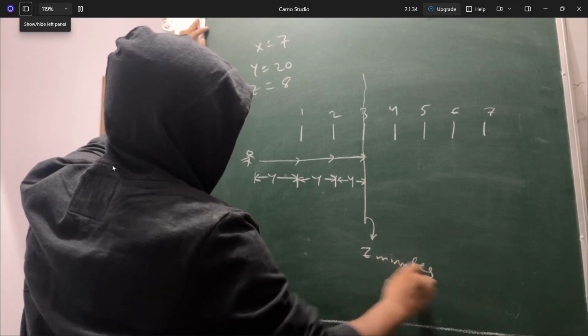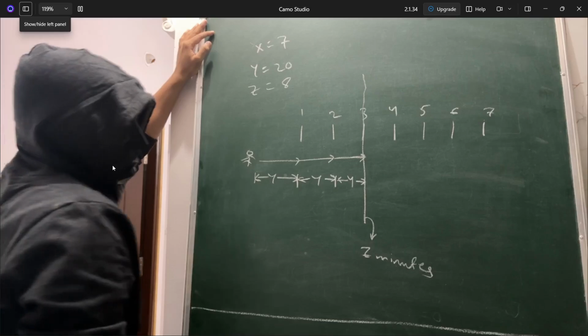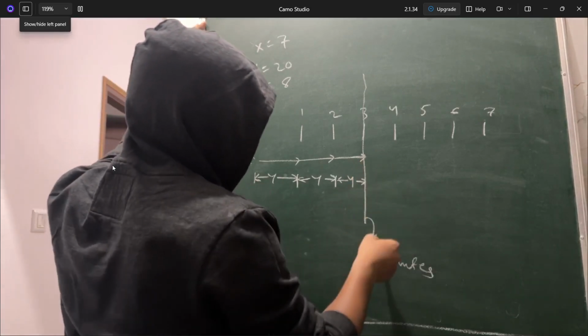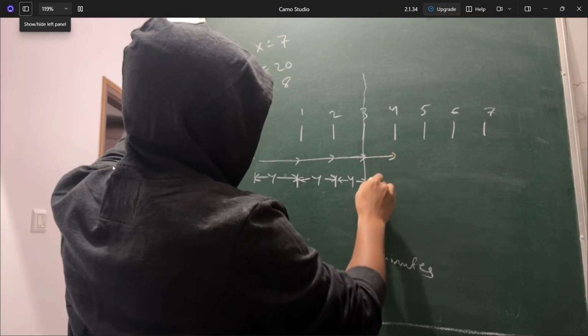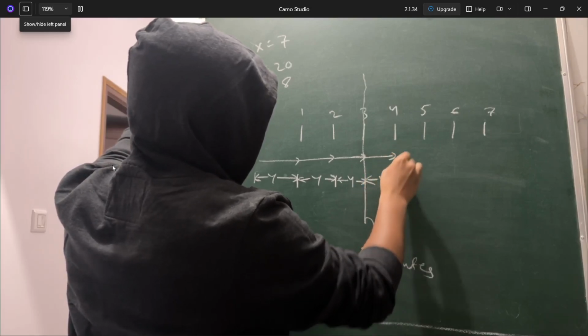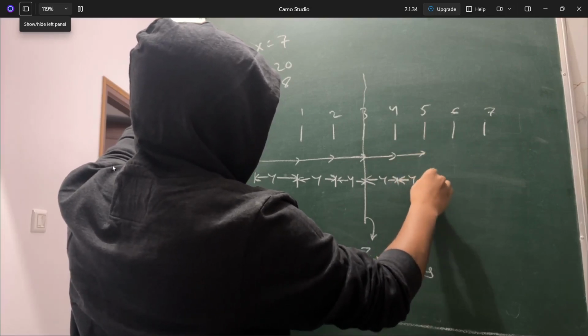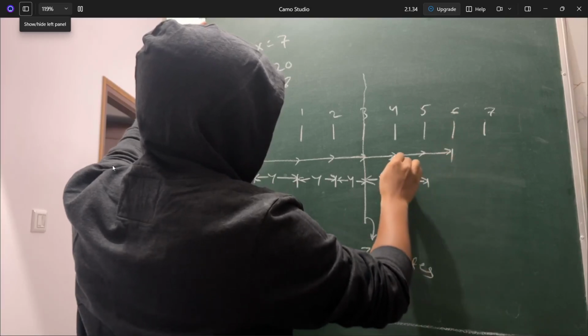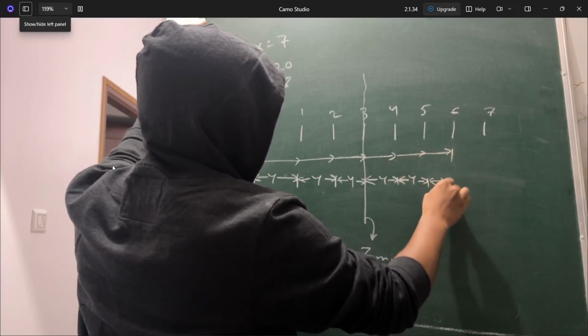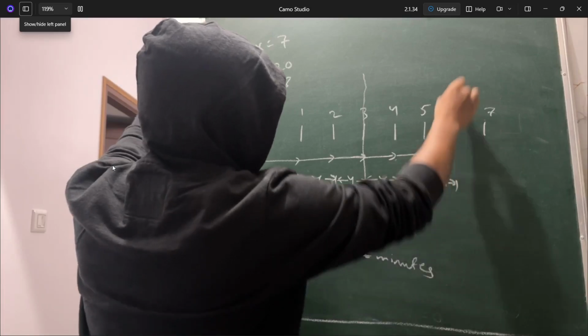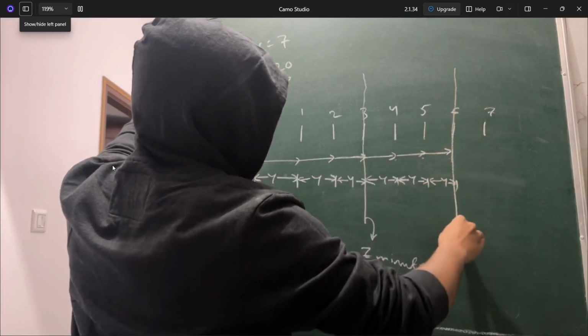After taking the Z minute rest, he moves to another level, which takes Y minutes, and again another level, which takes Y minutes. Now again 3 levels have completed, 1, 2, 3, so again he'll take Z minutes of rest.